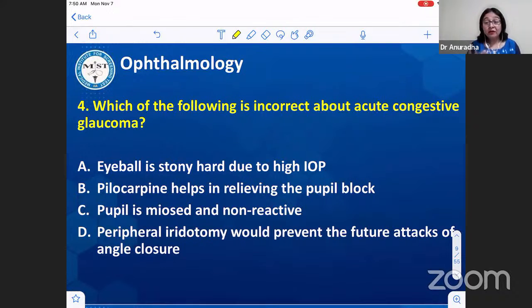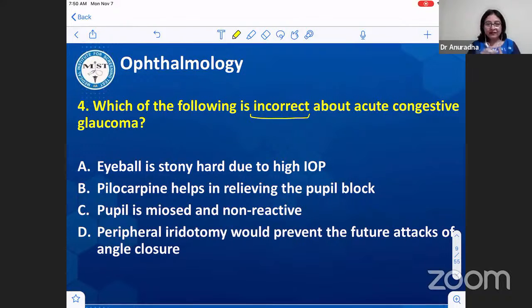You might pick up the wrong choice if you do not read the case statement carefully. So I stress here, spend 10 seconds extra on reading the case statement carefully. Okay, so which of the following is incorrect? I have to mark the incorrect choice as my answer about acute congestive glaucoma.